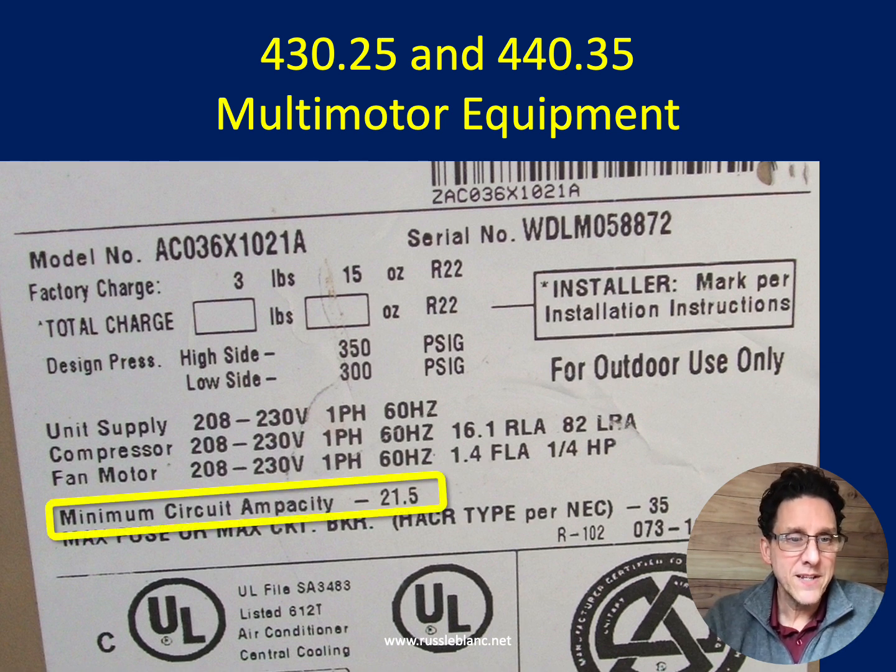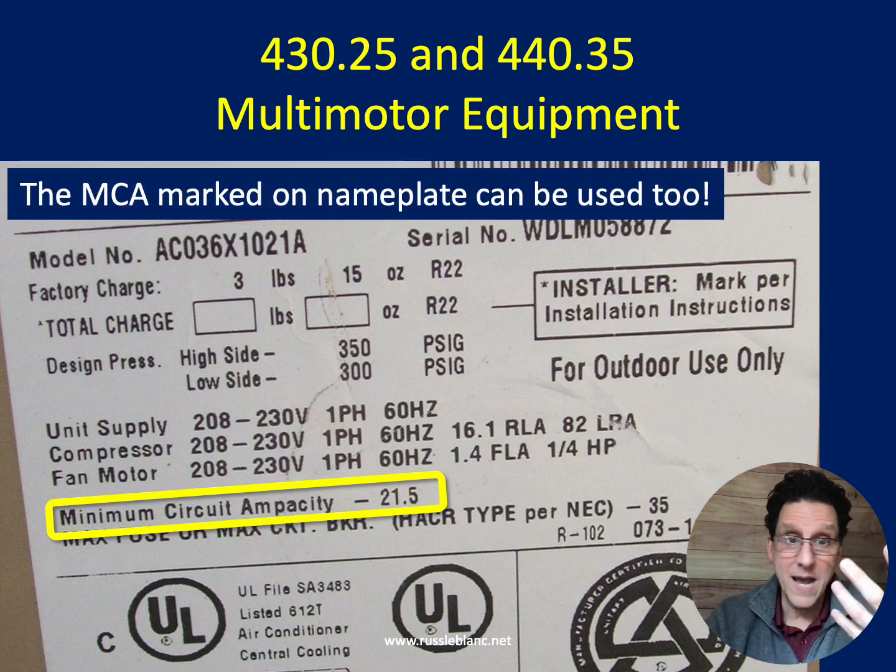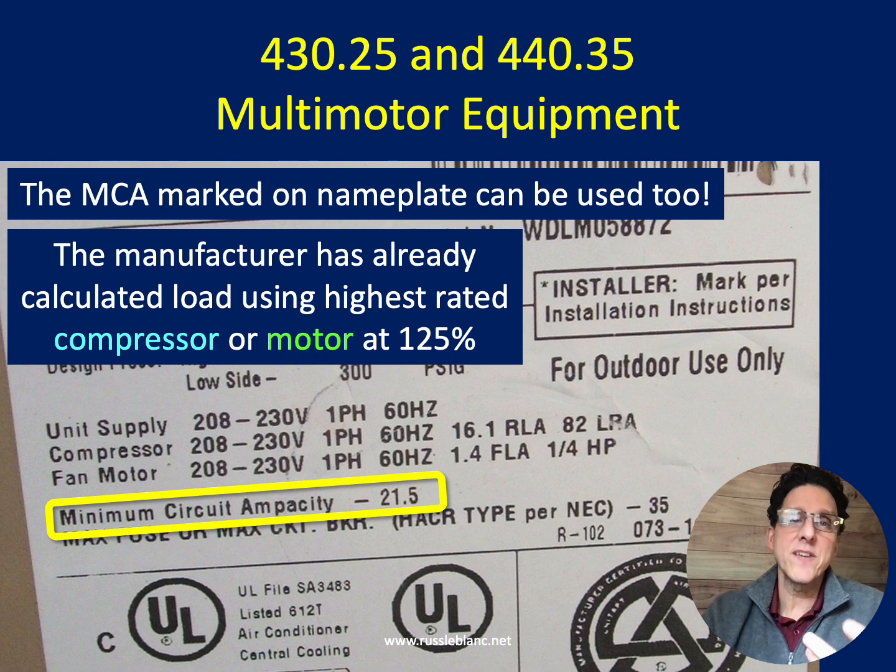And so there you see it. The MCA, or the minimum circuit ampacity, is 21.5 amps, and that's what we're supposed to use for sizing wires. Absolutely can use that, because the manufacturer has already calculated the load using the highest rated compressor or motor at 125%. Cool. They've done the math for us, so we can use the 21.5.